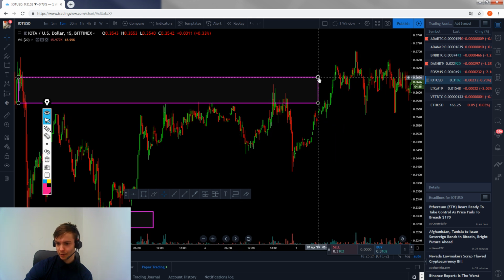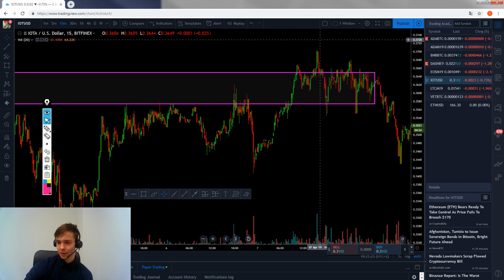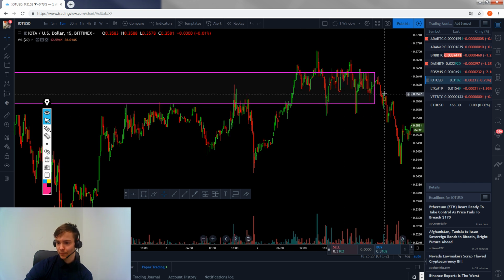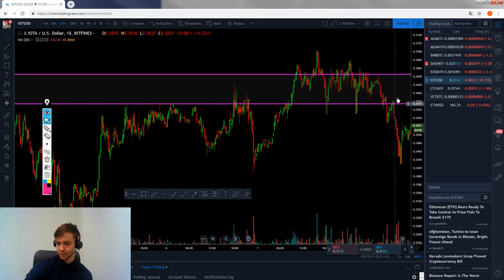In the end, it's breaking up. False breakout, impulsive movement down, retest. Here is a nice place to open the trade. You can see the consolidation broken. It's one of the patterns we are using.